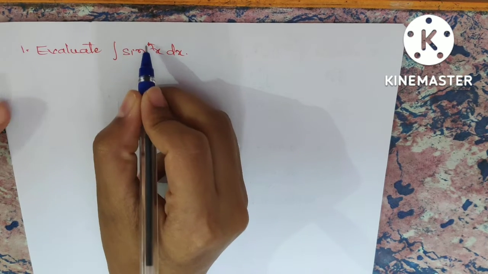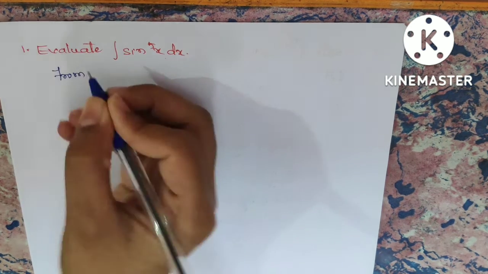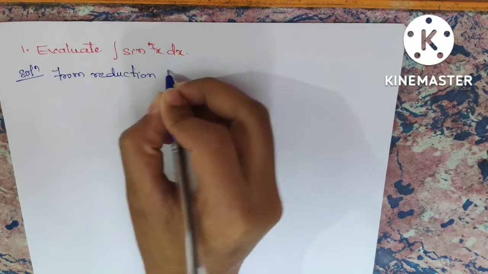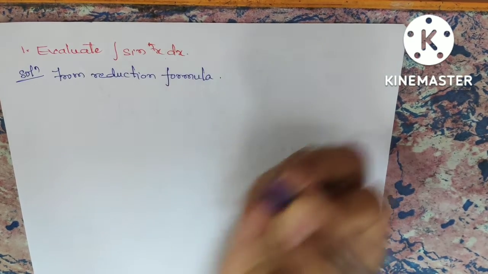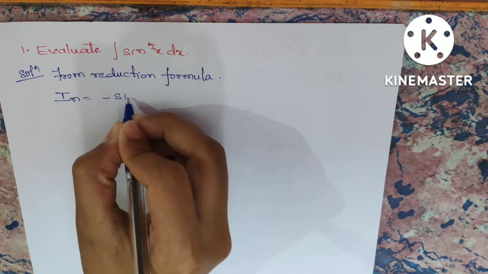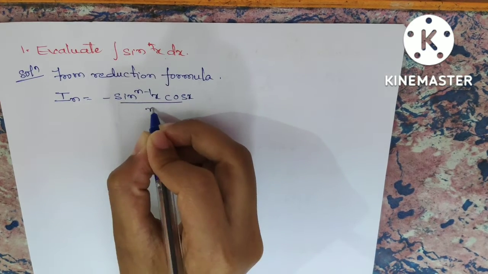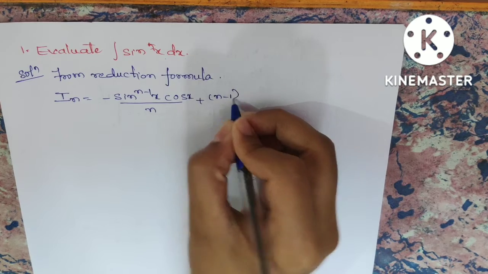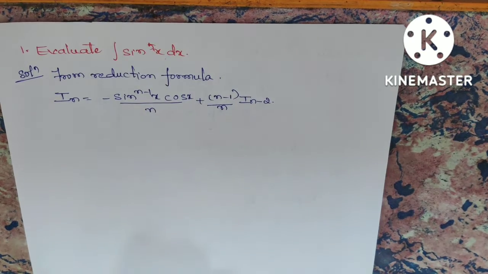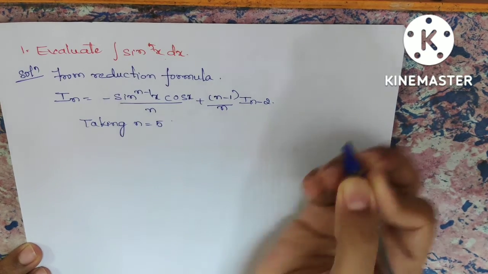Evaluate integration of sin^5 x dx. So from solution, from the reduction formula we have I_n equals minus sin^(n-1) x cos x by n plus n minus 1 by n I_(n-2).